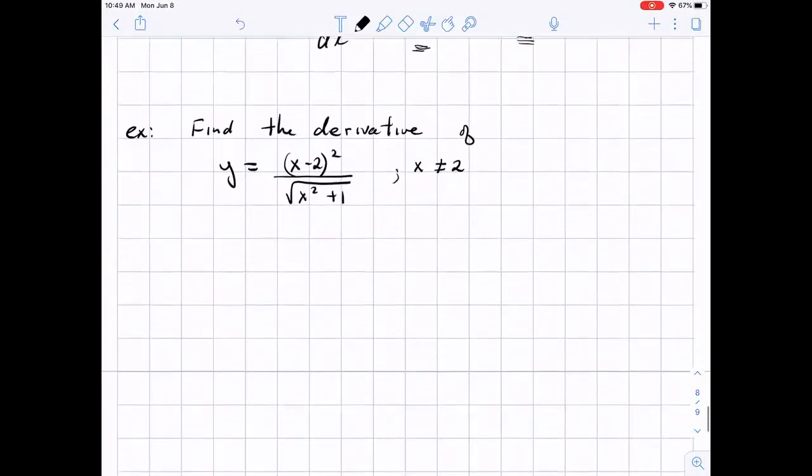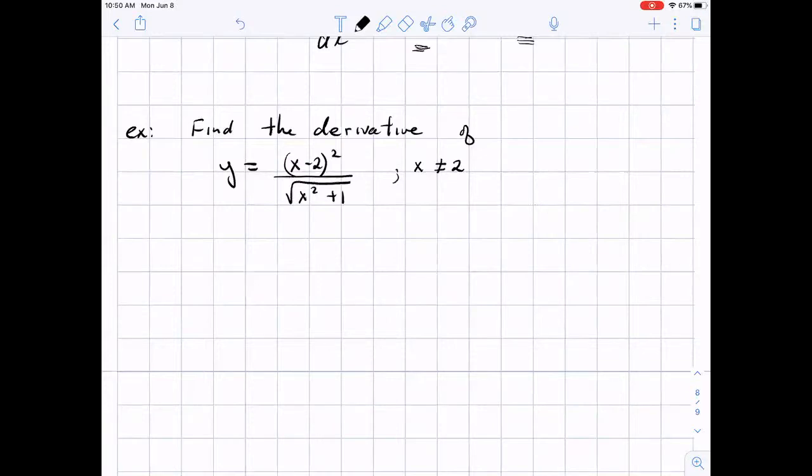Now, you could go ahead and use the quotient rule here, right? Because it is a fraction. Anytime you have a fraction, you could use the quotient rule. If you look back in the prior video or notes, you will see we talked about the quotient rule. Alternatively, you could use logarithmic differentiation.